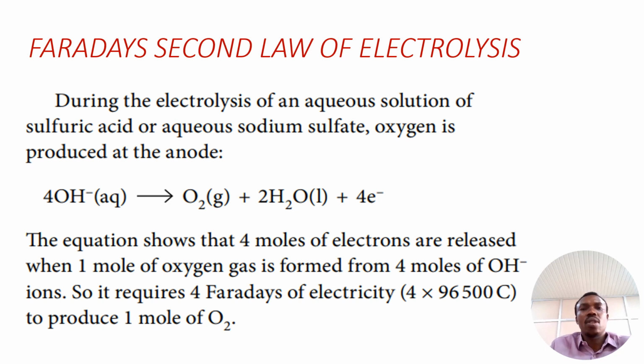Still on Faraday's second law of electrolysis. During the electrolysis of an aqueous solution of sulfuric acid or aqueous sodium sulfate, oxygen is produced at the anode. So we want to look at the reaction that takes place at the anode.